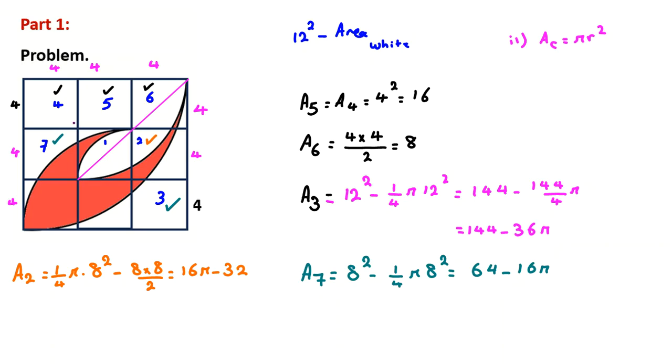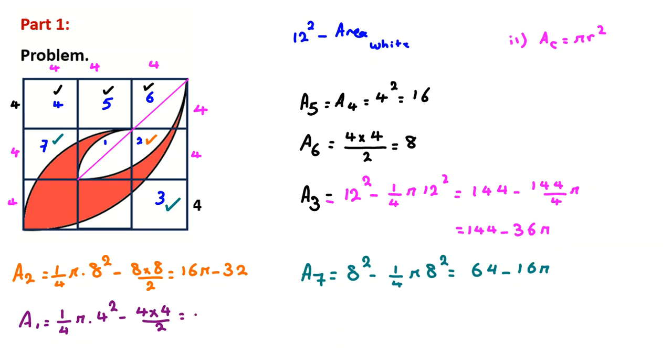One part is left. Area of 1. We can calculate the area of region 1 exactly similar to A2. You should consider this quarter circle minus this triangle. Exactly like the previous one, but the side length is 4: 4 squared times pi over 4, minus this triangle, 4 times 4 over 2.